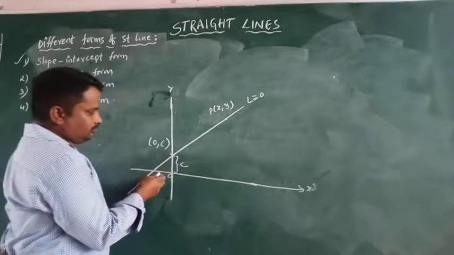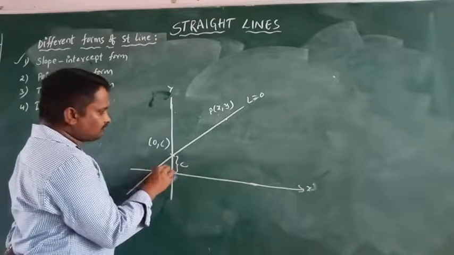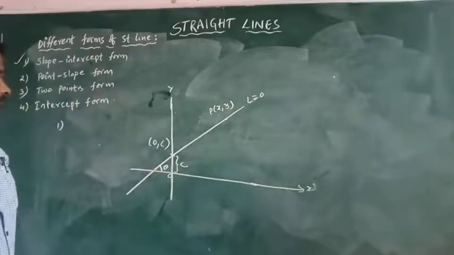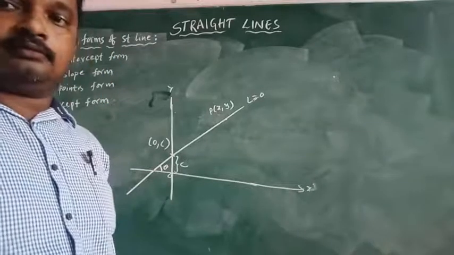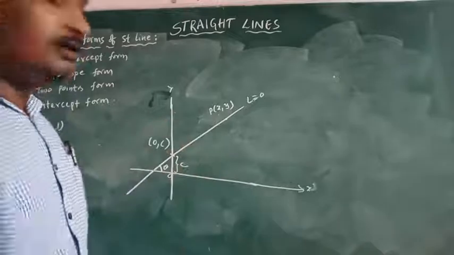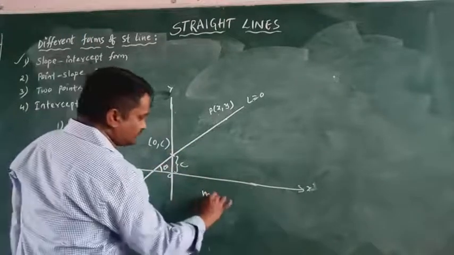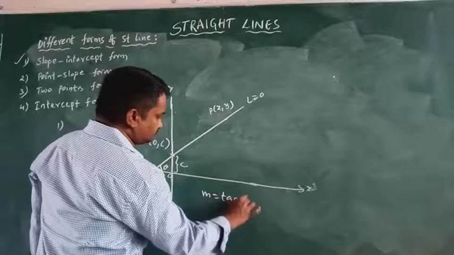It makes some angle, that is the inclination, theta. Then the slope of the line is m equals tan theta.